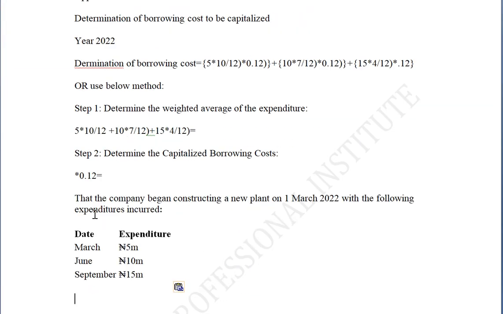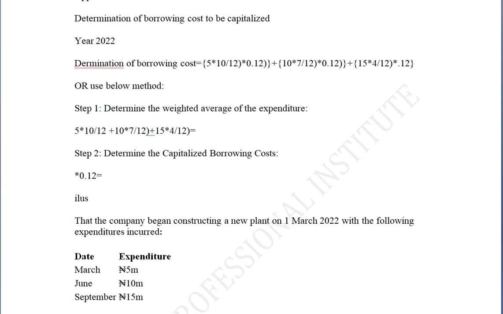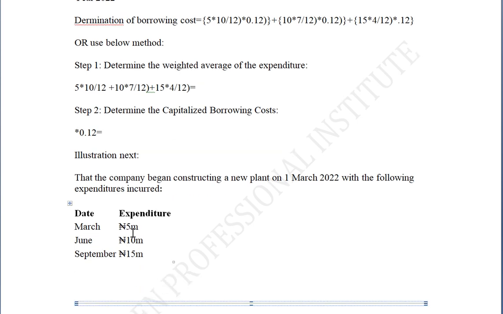Now look at it this way. The company actually began construction of Nimble on 1st of March 2022 with the following expenditure. How much is this? 5 million, that's 30 million.